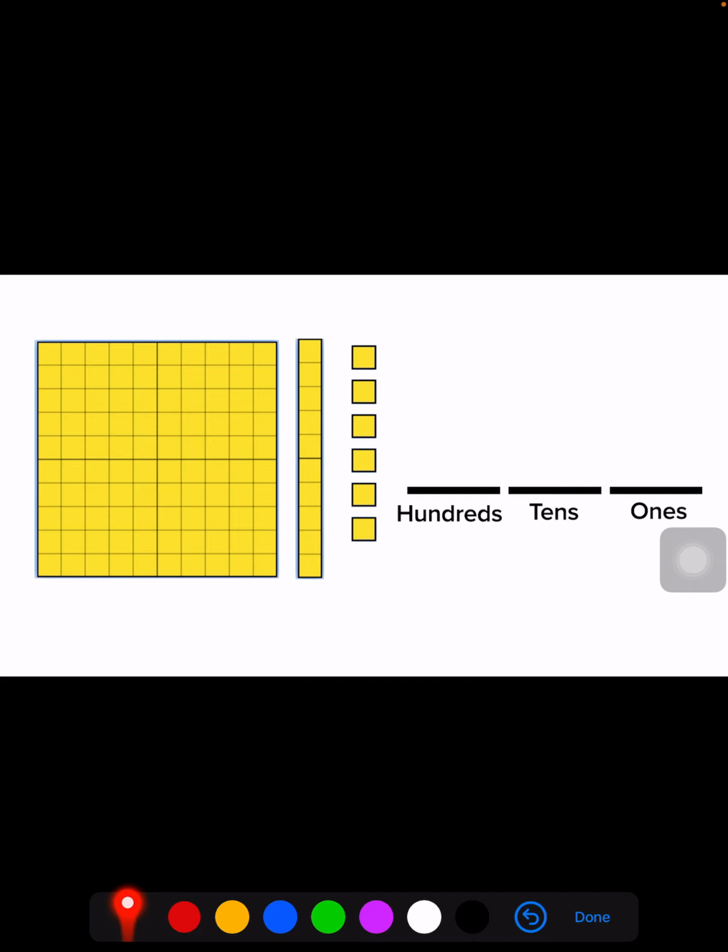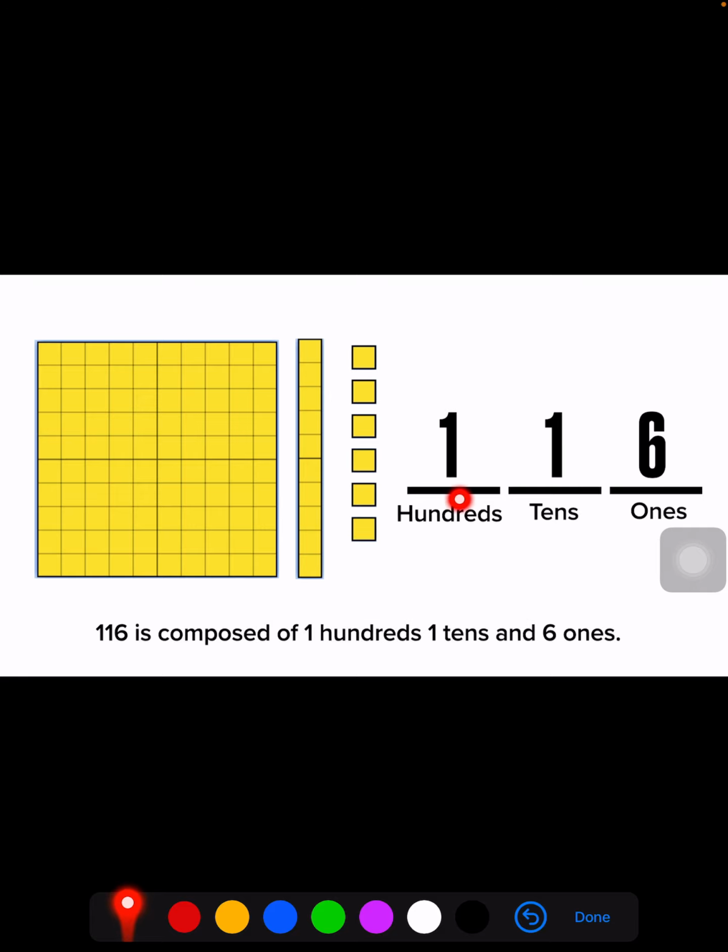How many tens blocks do you see? Great job. There's a 1 in the tens, and how many ones blocks do you see? Great. 1, 2, 3, 4, 5, 6. So you should have a 1 in the hundreds, a 1 in the tens, and a 6 in the ones.